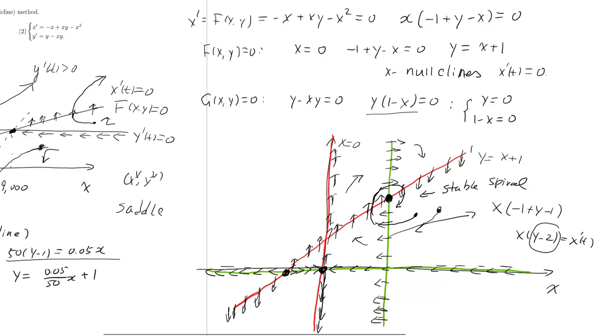The origin is unstable, and it's a saddle. And this point over here, I think, is unstable as well. You can easily see this one over here is unstable. And of course, all these properties of the equilibria can be confirmed if we actually use the derivative test. And that will be in another segment.